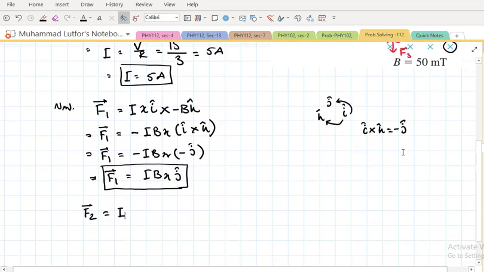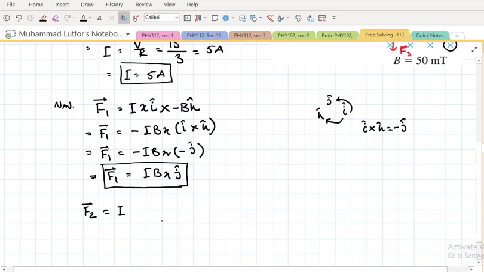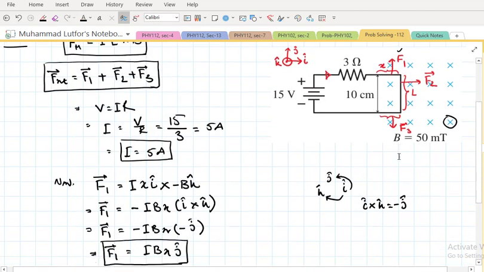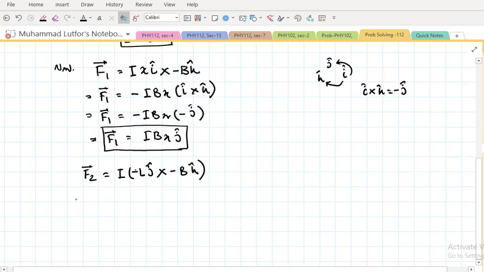This L over here, you can write this L would be minus L into Z hat, because the L is towards the downward, cross B, actually that minus B K hat, right? So this is that L which is towards the negative Y direction, so that's why I use that minus J. Fine.